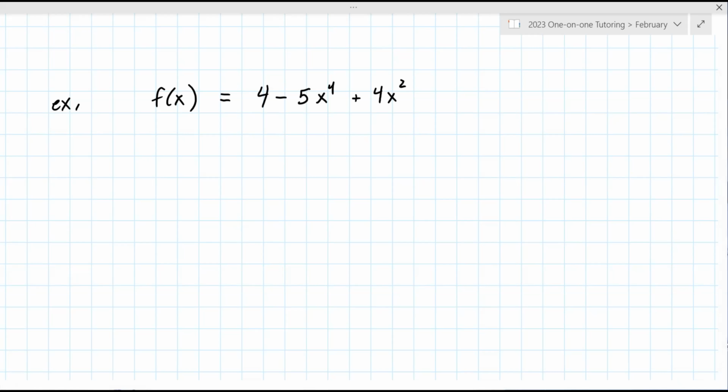Then f of -x equals 4 minus 5 times -x cubed plus 4 times -x.